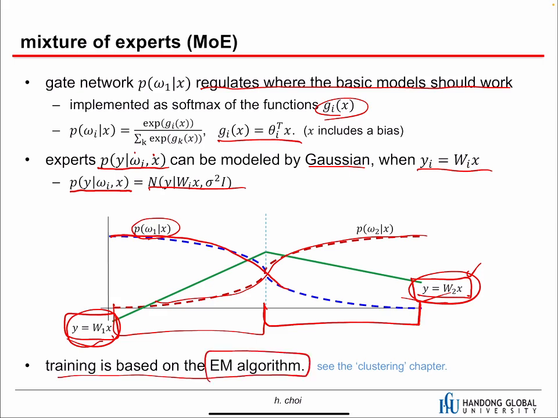As you can see, these equations look quite similar to a mix of Gaussian. As we used the EM algorithm to train the mix of Gaussian, we use the same algorithm to train the mix of experts. But when we derive the EM algorithm, the equations would be different. Basically we use the same type of algorithm.